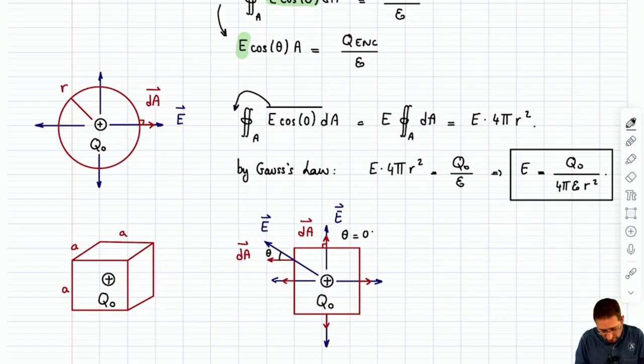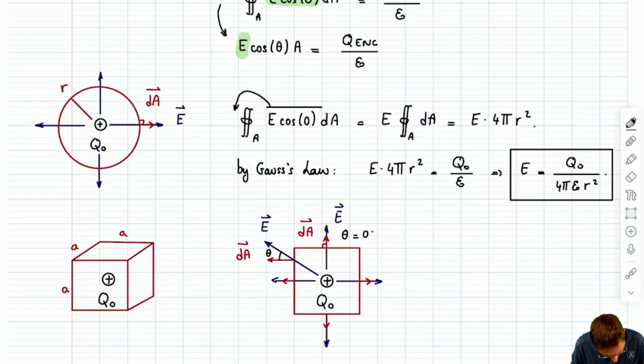Even worse, this point here, where I have an electric field, is closer to Q0 than this point here. Even though the difference in distance might not be very big, there's still a difference, so E here is weaker than here. And that's a problem, because now E is not constant in magnitude on the surface. So I can't pull it out and simplify the integral.